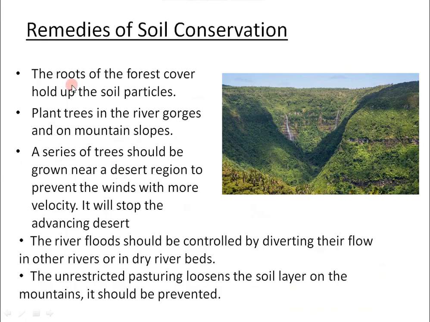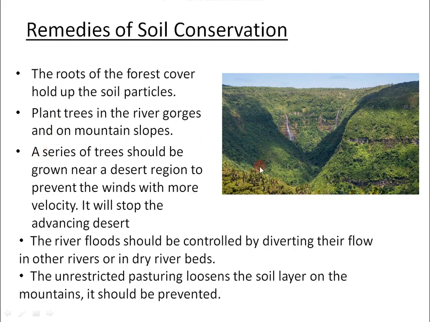Number one, the roots of the forest cover hold up the soil particles. So we should focus on afforestation. Plant trees in the river gorges and on mountain slopes. Here in this image we can see a gorge. These deep-cut gorges are found between two mountains, especially where a river stream is flowing.